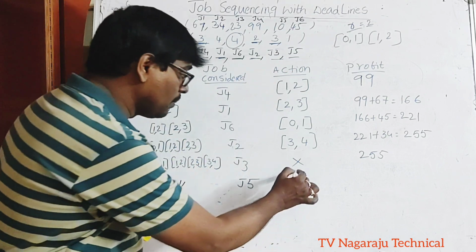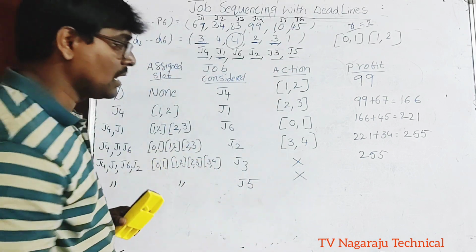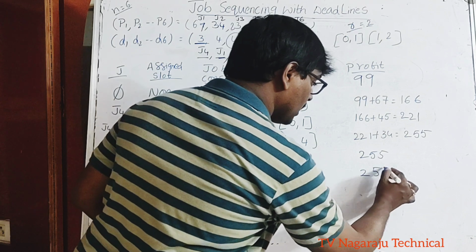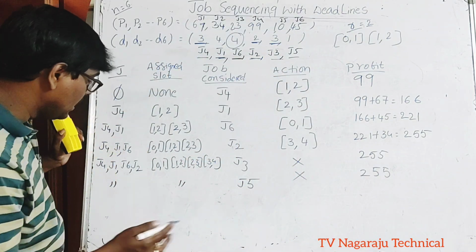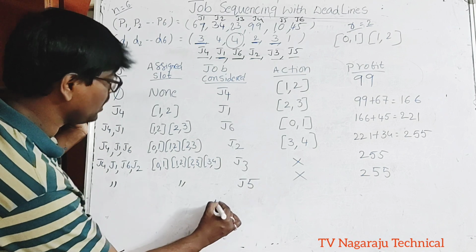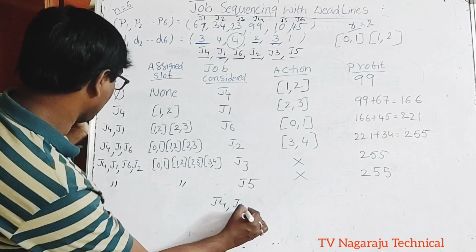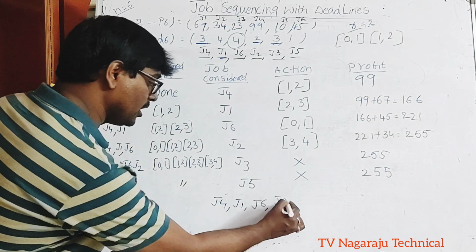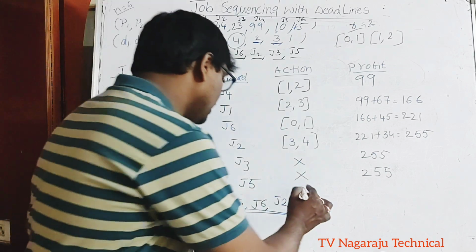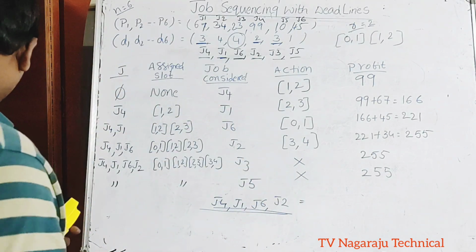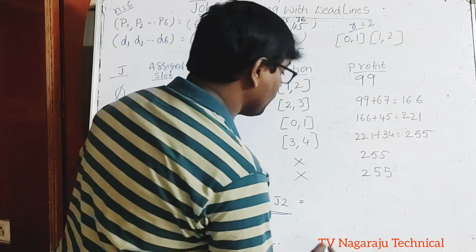All the slots are completed, so J5 is not executed at all. 255 is the profit. Now all the jobs are considered. Finally, what are the jobs executed? J4, J1, J6, J2. These are the jobs that are executed.